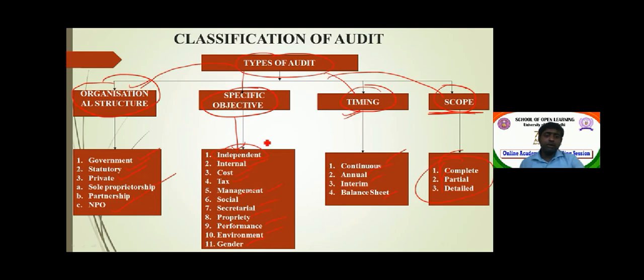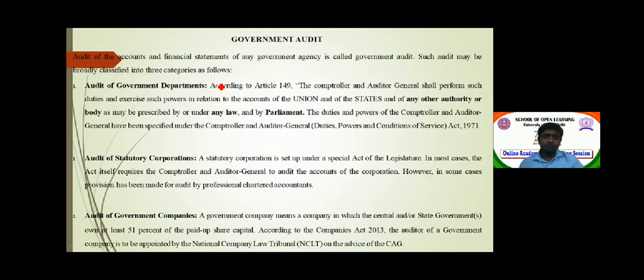So first of all, let's talk about the general audit structure, that is government audit. What government audit is all about, what are the different scope, features, meanings of it.